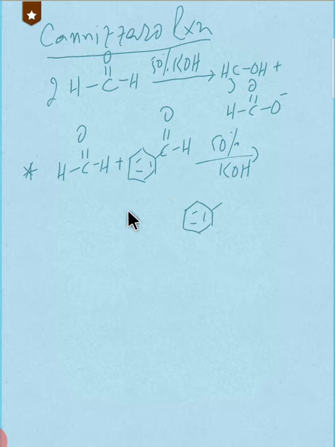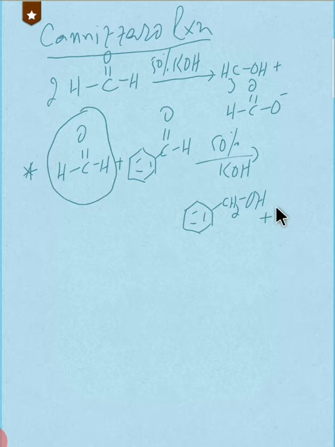So due to this benzene group, which is a larger group, we must make alcohol of this compound. This is benzyl alcohol, and the carboxylate ion must be of the molecule having less steric hindrance or smaller group. So the carboxylate ion is formate ion. Okay, this is the point.